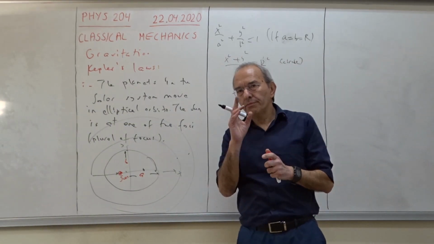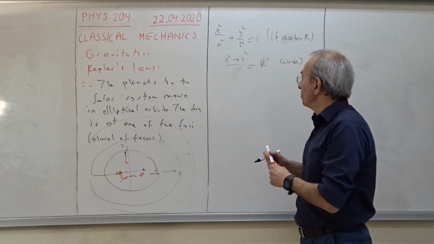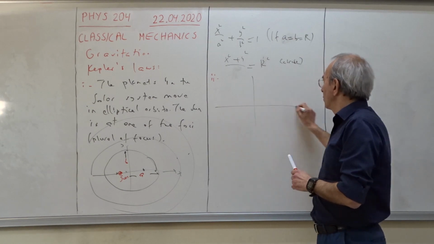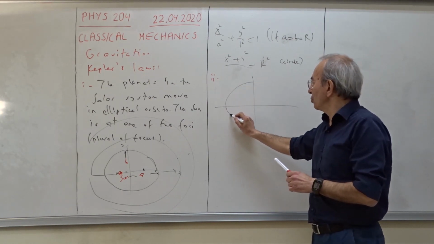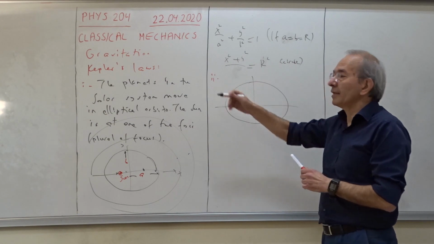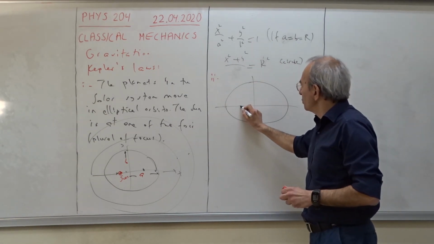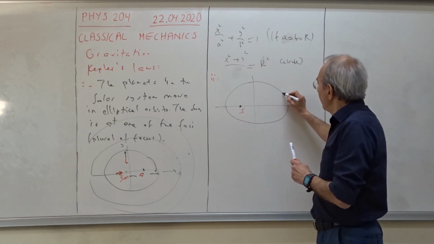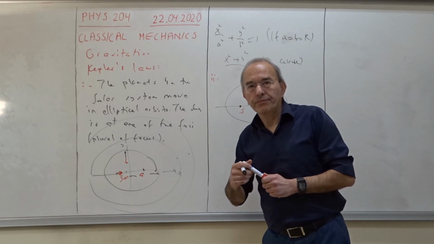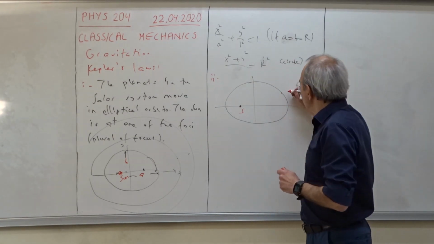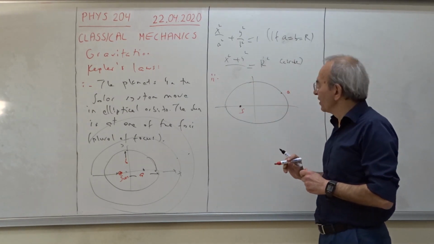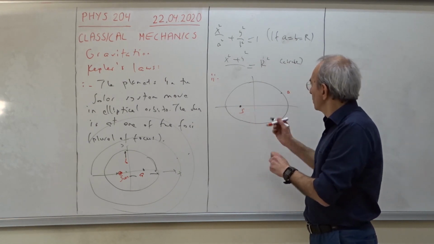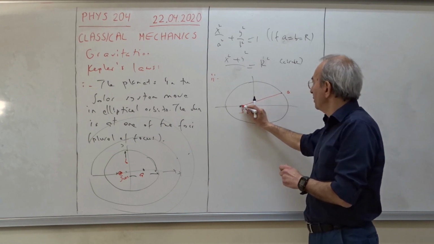Second one is, let's focus on one of these planets. The second law briefly says the following. Let me consider just one ellipse, and for simplicity, let's say this is the position of the sun, and a planet at a certain moment is, let's say, at position A. And let's join these two so that we have the radius vector.